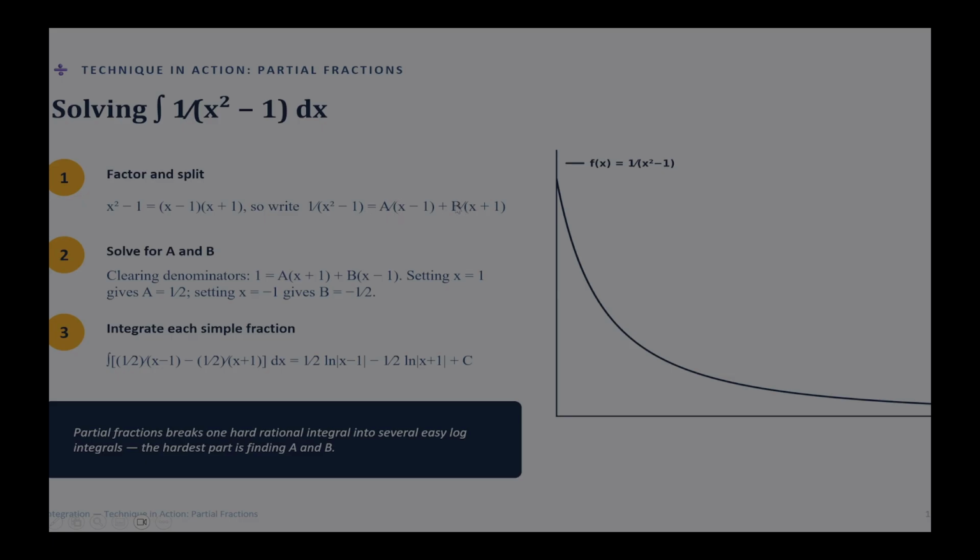So solve for A and B by clearing the denominator. We get 1 equals A(x + 1) plus B(x − 1).